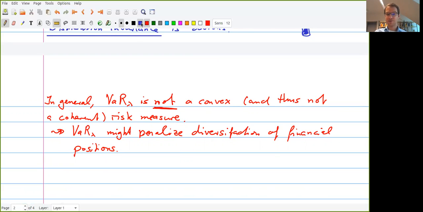And this brings us to our next example of risk measures. So this is (7.2), the average value at risk.